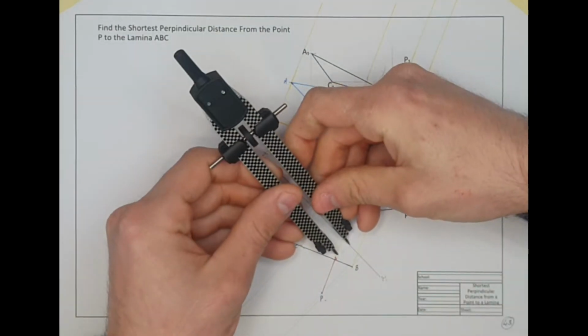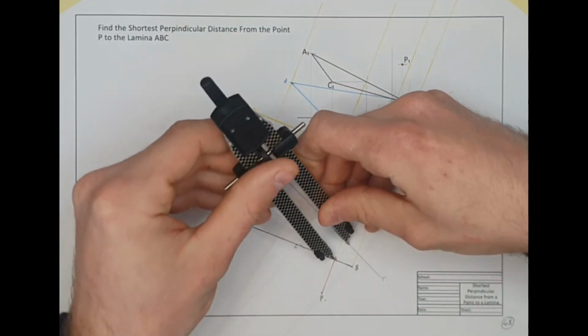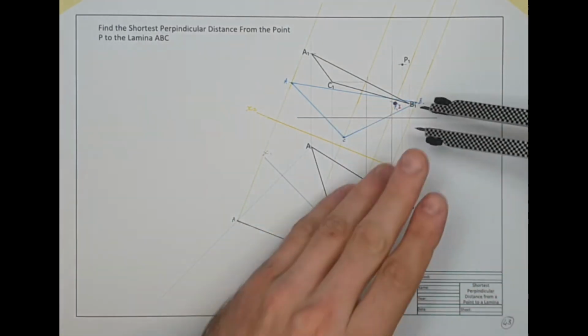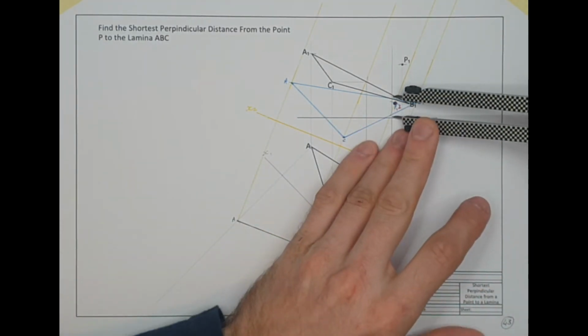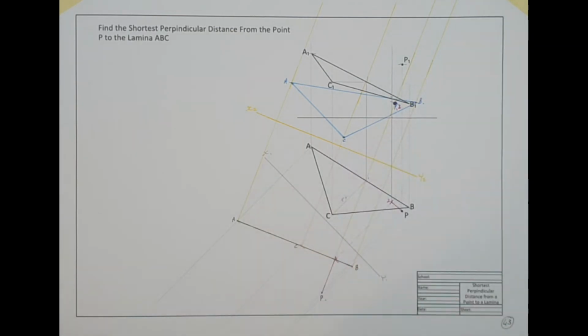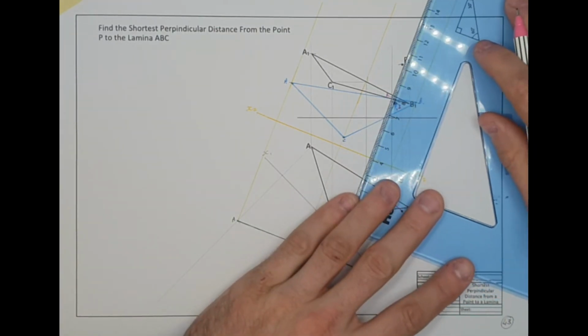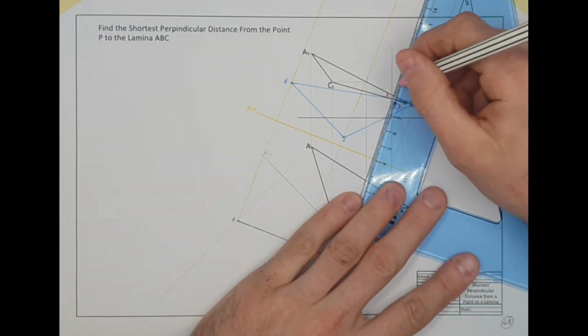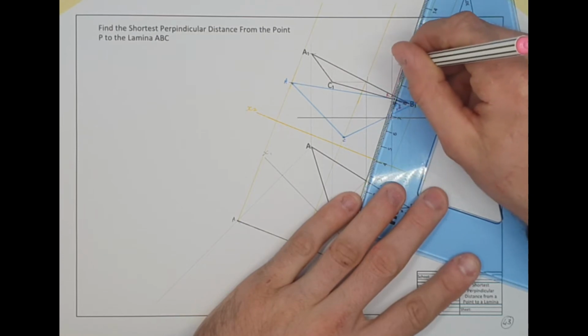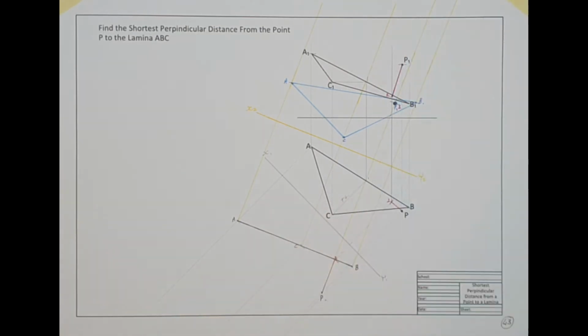Well, this time I'm just doing it the opposite way around. I'm taking the height of 2 from the auxiliary and marking it up into the elevation right there. So that becomes point 2 right there. And there we go. That's the question answered.